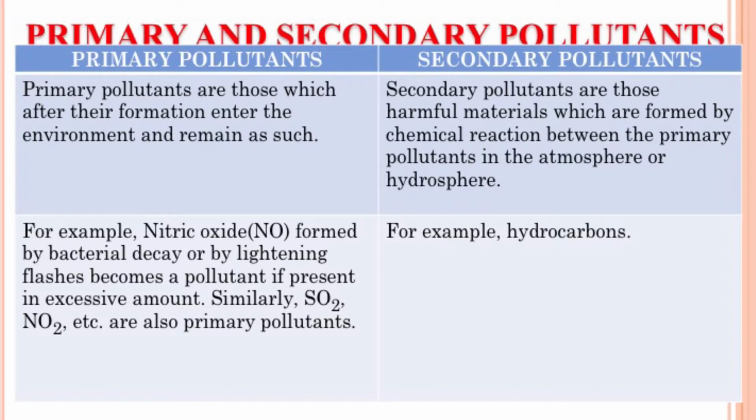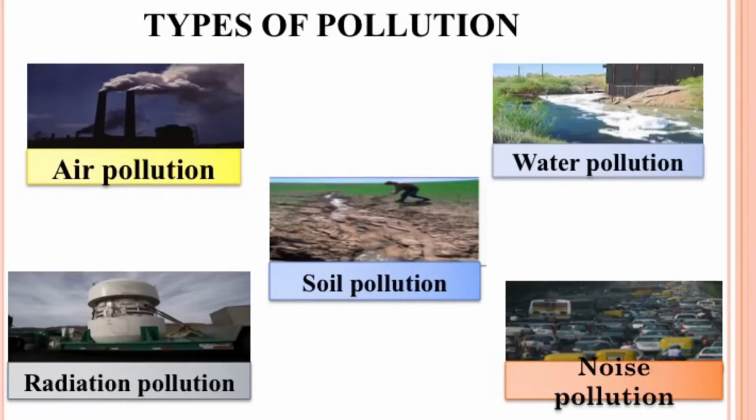On the contrary, secondary pollutants are those harmful materials which are formed by chemical reaction between the primary pollutants in the atmosphere or in the hydrosphere, for example, hydrocarbons. We can say that these pollutants are responsible for causing different kinds of pollution.